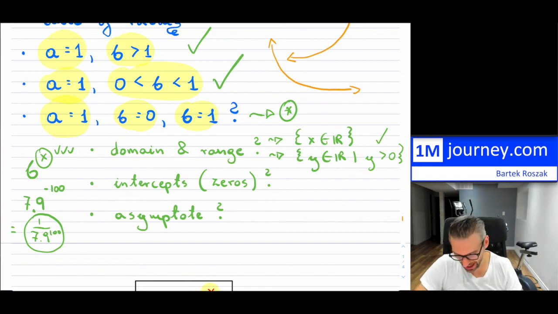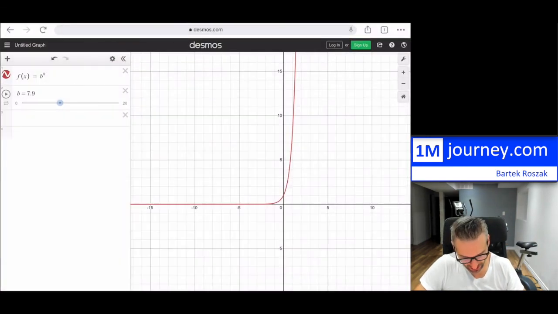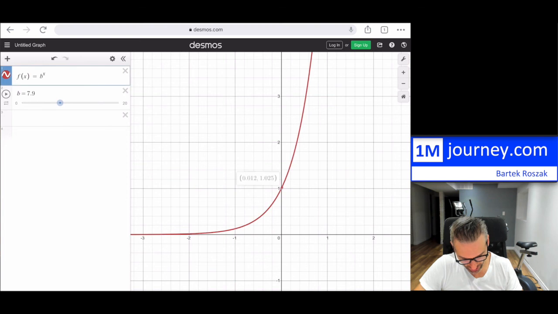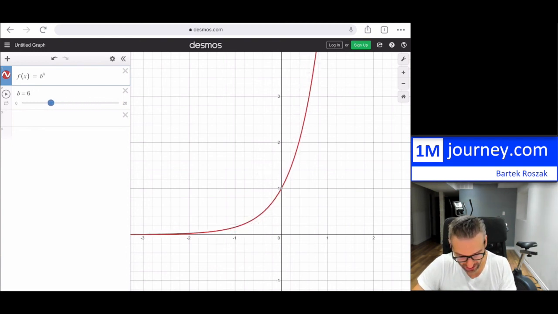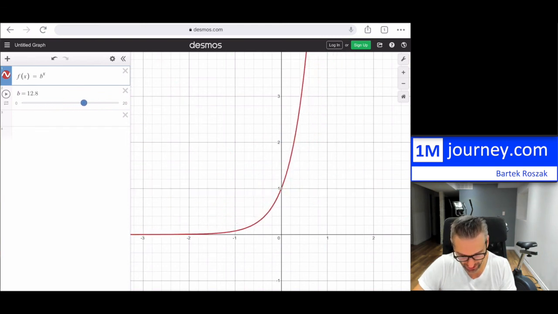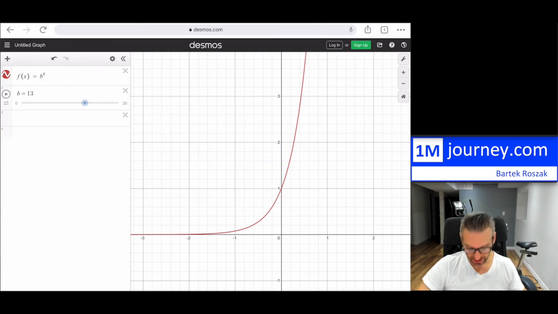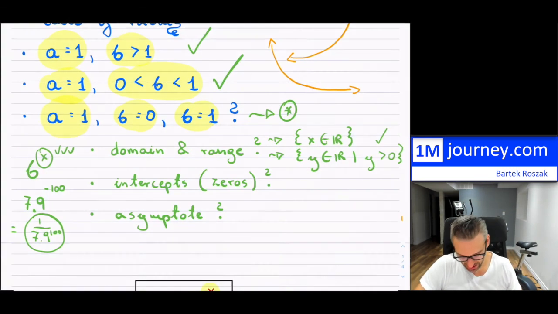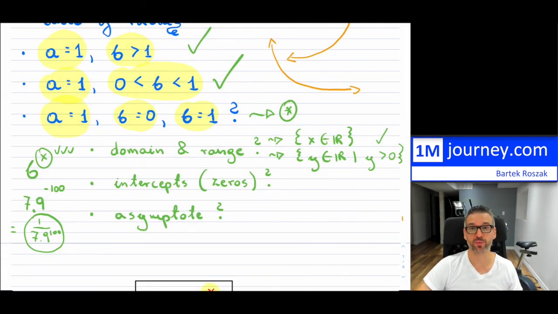That's the only intercept it has. And that will not matter what b is, it's always crossing through 1, no matter what b we chose. So that's your intercepts. And then lastly, the asymptote.